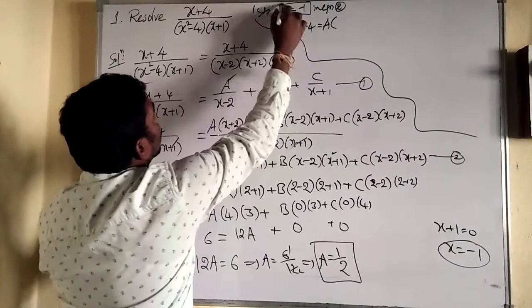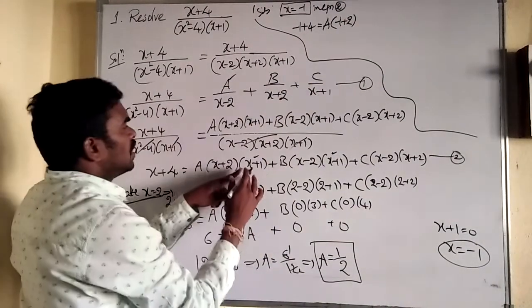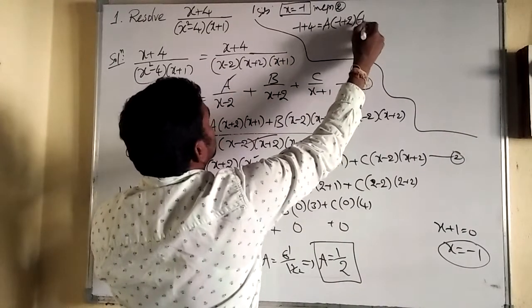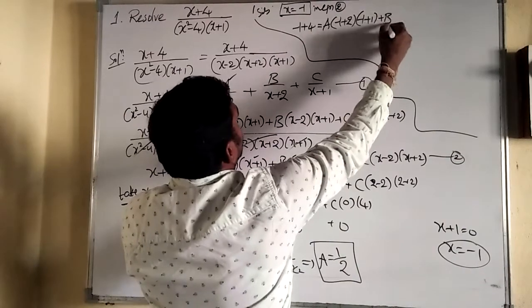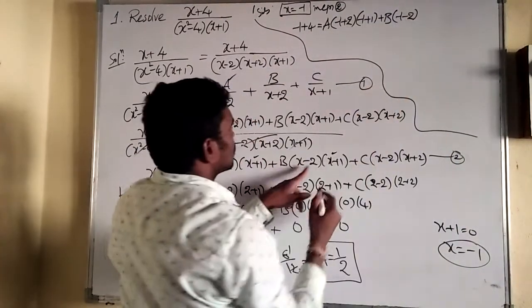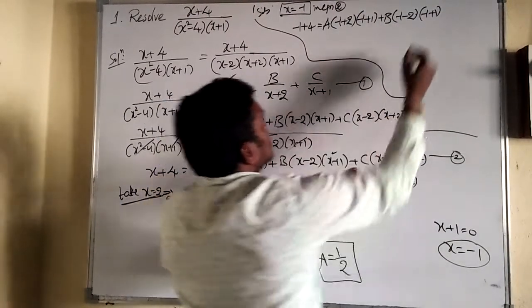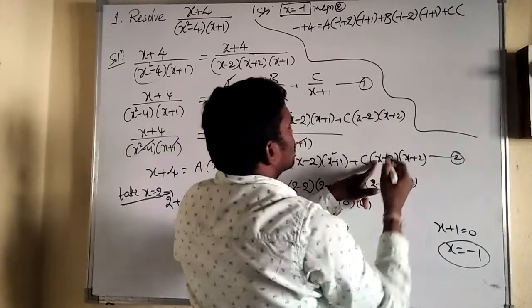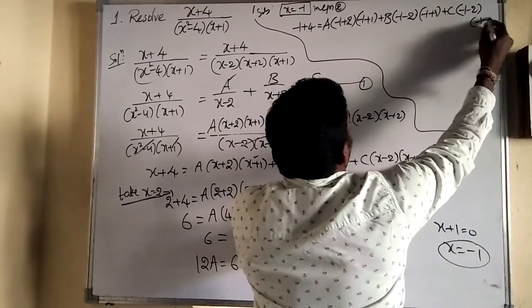Taking minus 1, substitute: minus 1 plus 2 into minus 1 plus 1, and plus b into (minus 1 minus 2) into (minus 1 plus 1), plus c into (minus 1 minus 2) into (minus 1 plus 2).